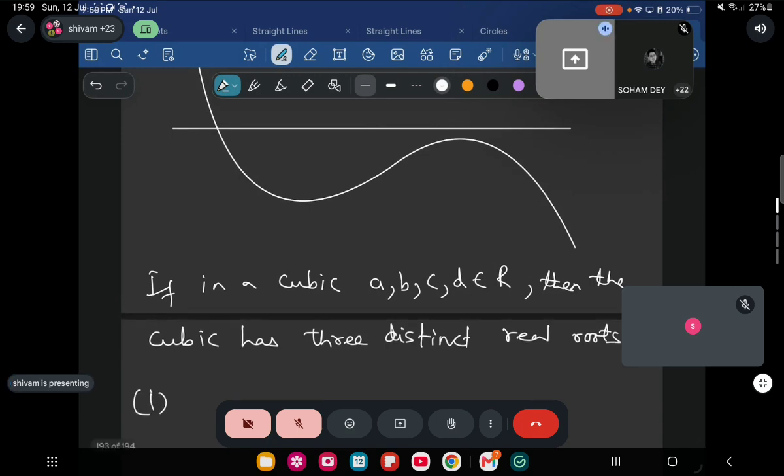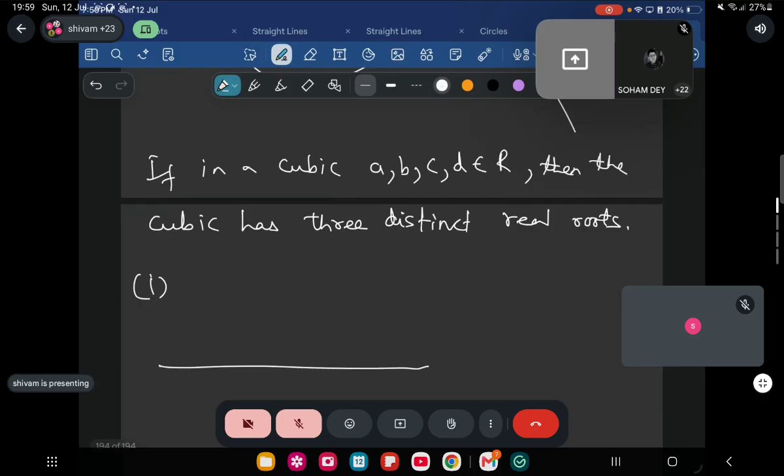Number one. See, it can happen that the graph of cubic looks somewhat like this. What are the different graphs that are possible if a greater than 0? There can be an option that it has only one real root. Wait, there exist three distinct roots. Okay, now it's fine. I didn't say that it is real or imaginary. The roots can be imaginary also. Then there exist three distinct roots.